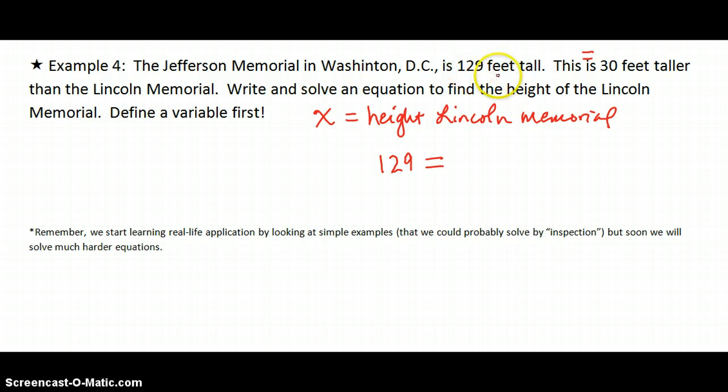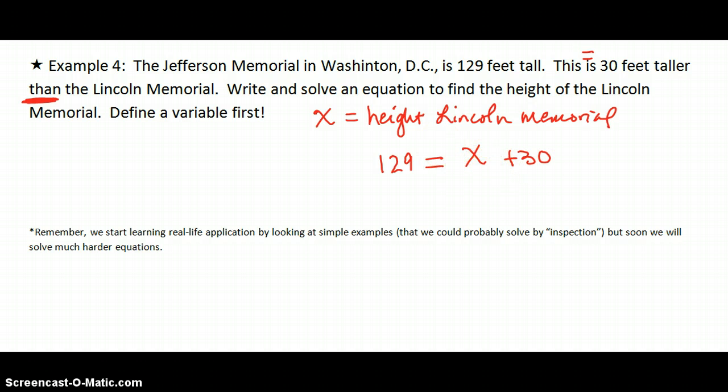So it's 129 feet tall, and this is 30 feet taller than, so 30 feet more than. There's that word than, whatever comes after than is going to go first. So what comes after than? The Lincoln Memorial. Oh, that's what I named x. So x goes first. So it's 129 feet tall. This is 30 feet taller than the Lincoln Memorial.